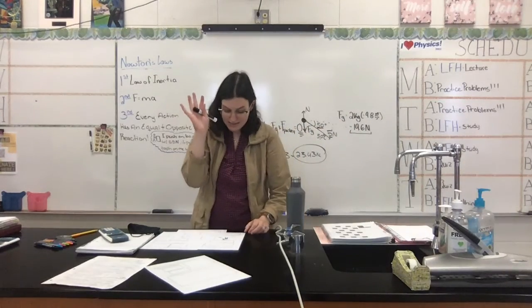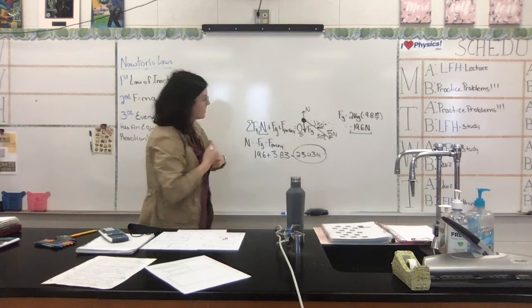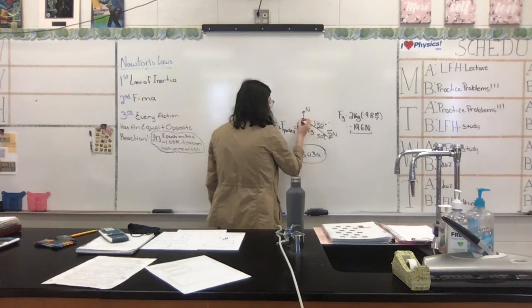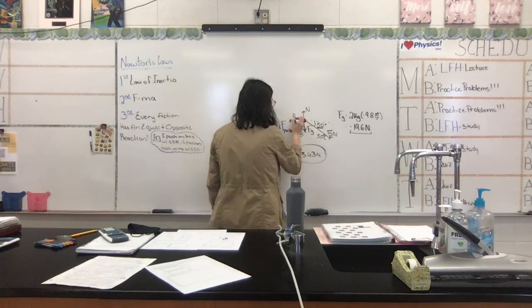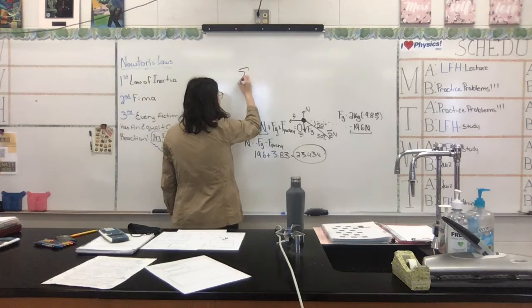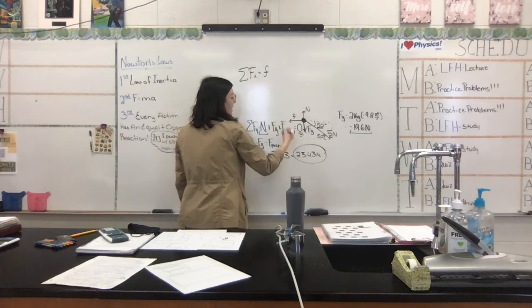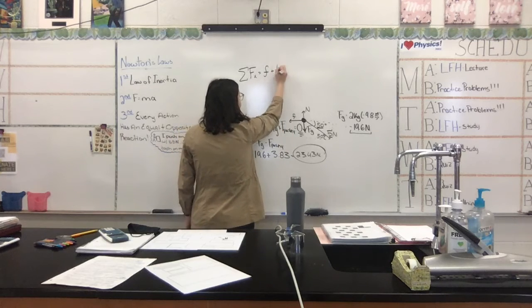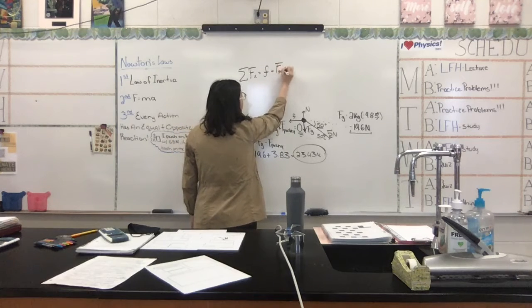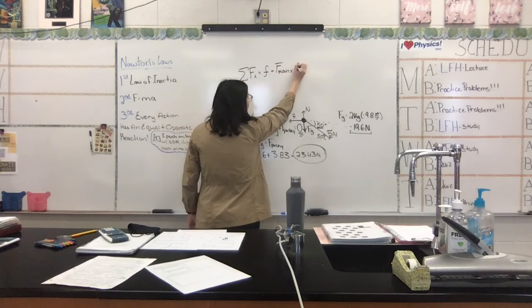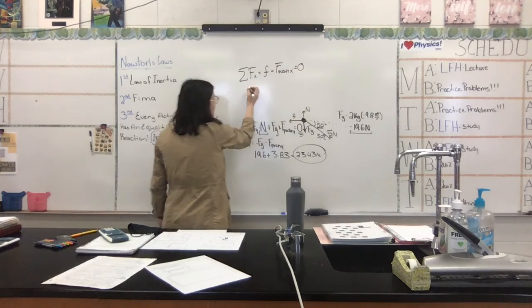Now, we're not done. We also want to know the frictional force that is opposing this motion, which means once again, we're going to sum our forces in the x direction. So we'll have the friction plus the push in the x, which will equal out to 0.